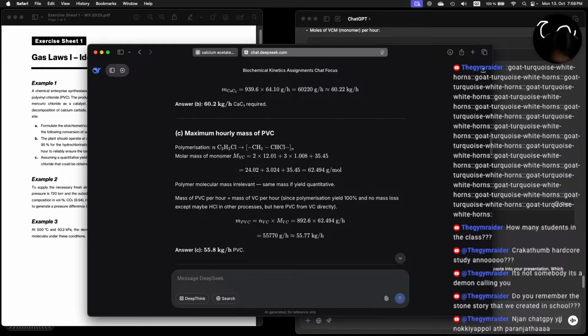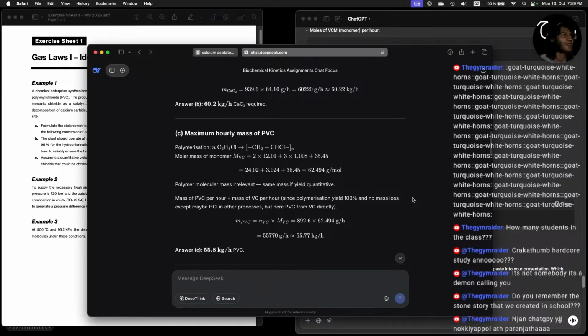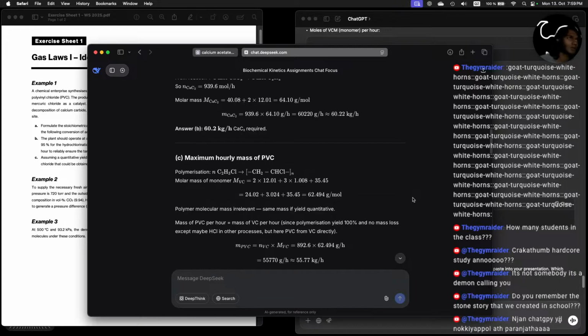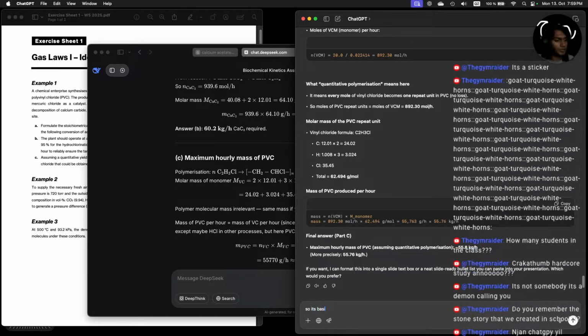Goat, tortoise, white horns. Could you explain what an incarnation is? So basically it's a sticker.